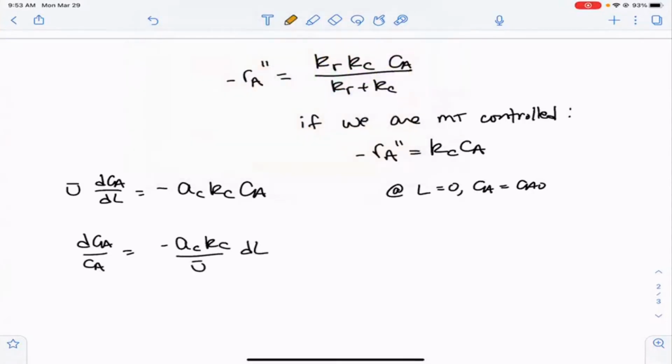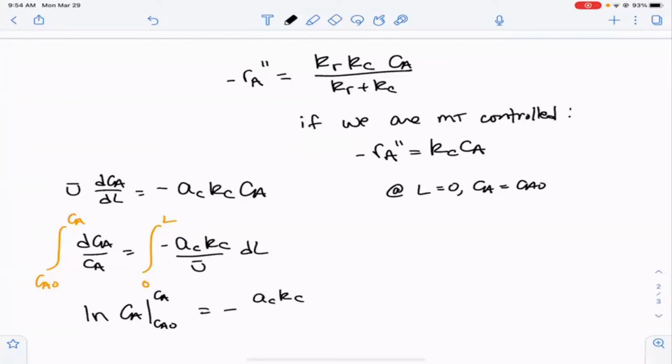And we can integrate this from CA0 to CA, and integrate this from 0 to whatever length we are interested in. And of course, the left-hand side just becomes the natural log of CA evaluated from CA0 to CA. And the right-hand side just becomes equal to minus aC times kC over U times the length.